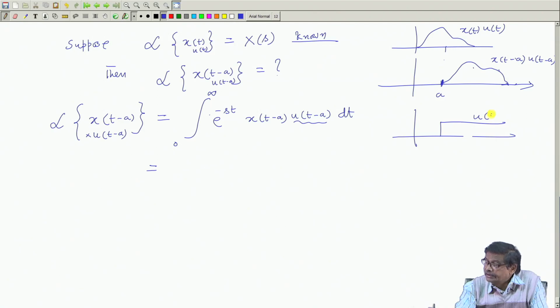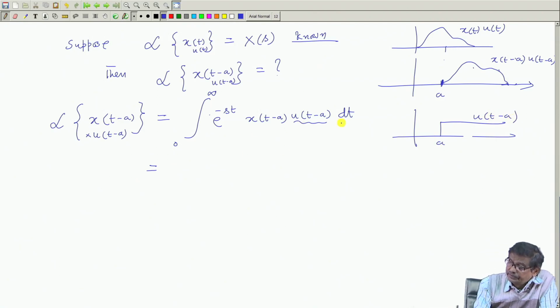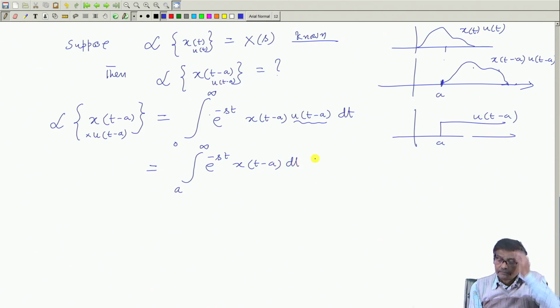For t greater than a, it becomes 1. So, this integration will then be from a to infinity of e to the power minus s t into x(t minus a) dt. Clear?